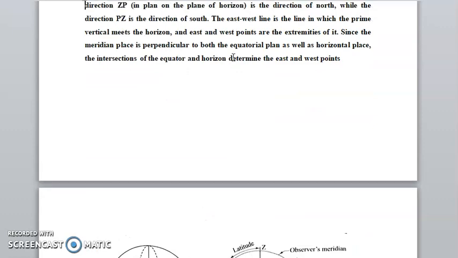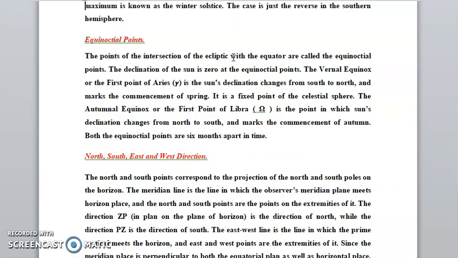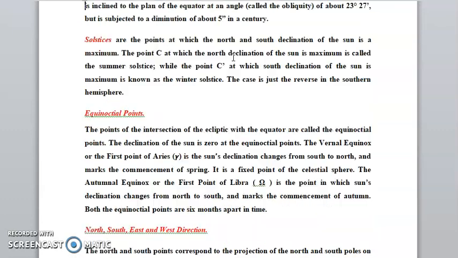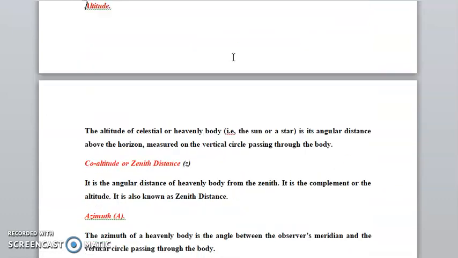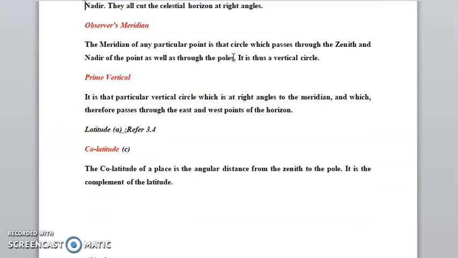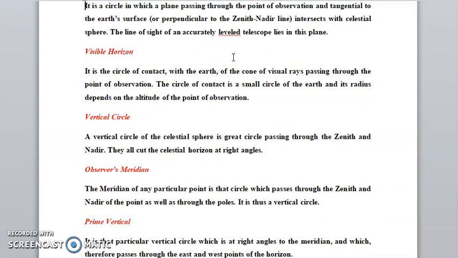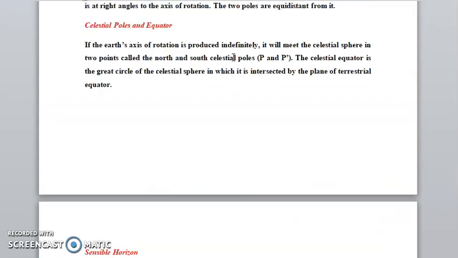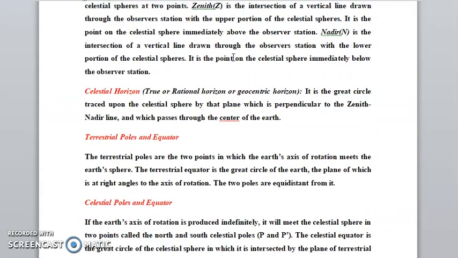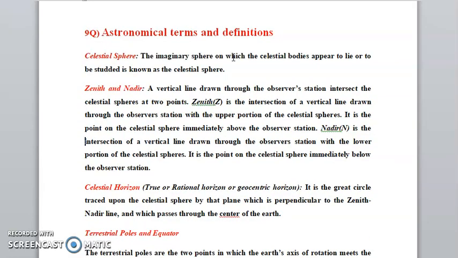These are the astronomical definitions we have to explain one by one.